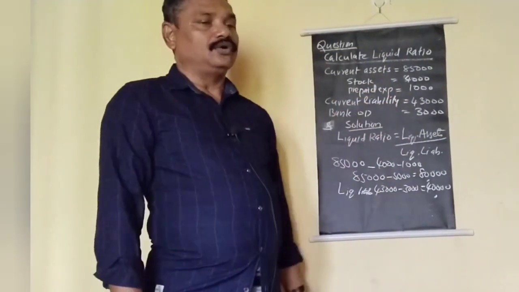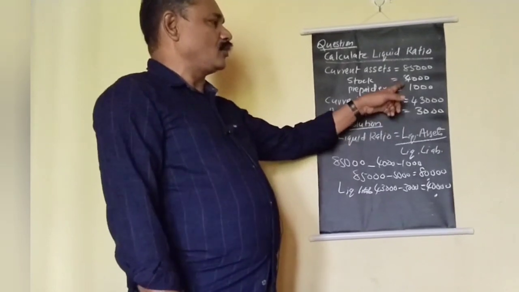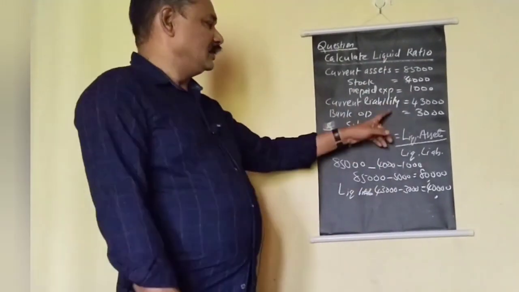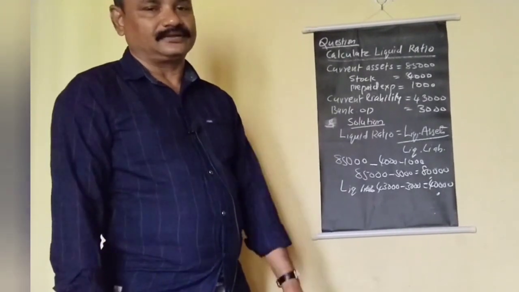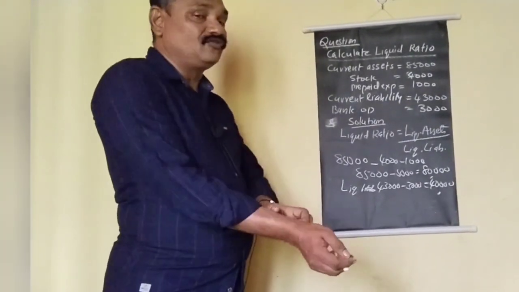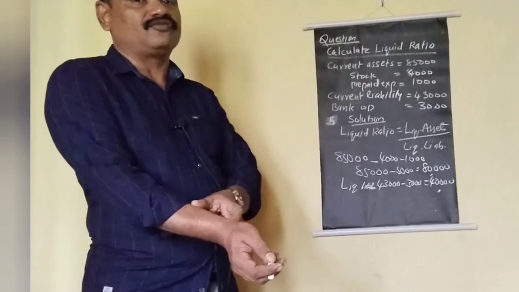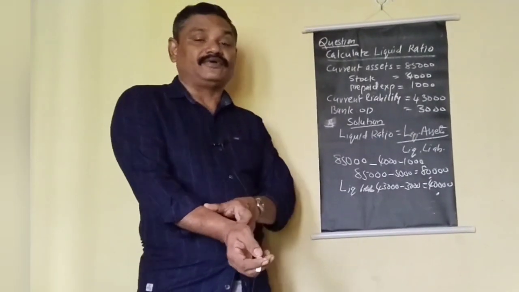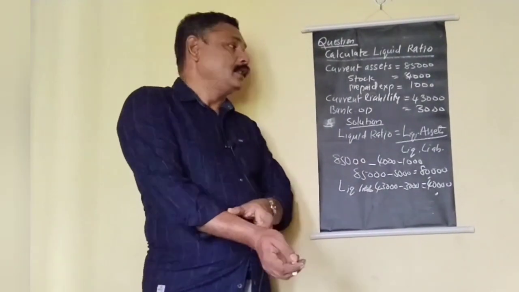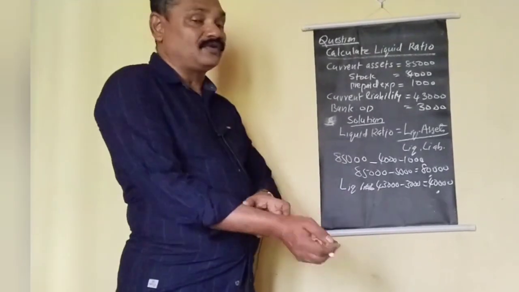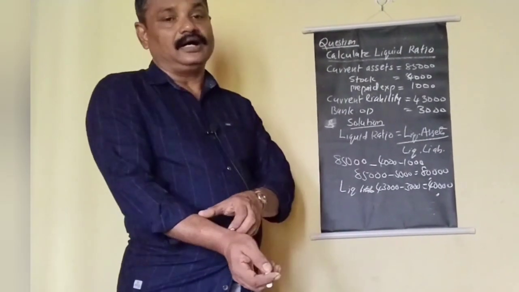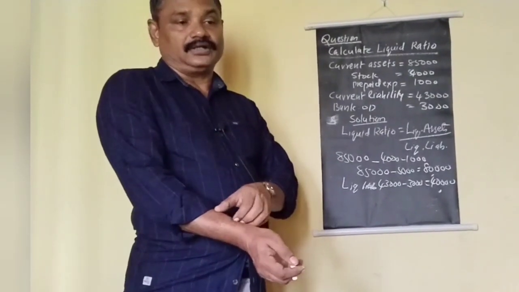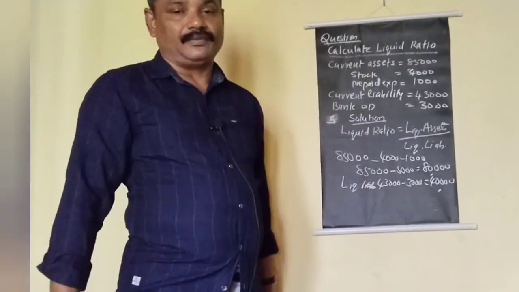Here in the question, stock and prepaid expense are given separately, and bank overdraft is also given separately, so we should subtract. Otherwise, if they are given together along with the current assets, first of all we have to add up stock and prepaid expense along with the current assets, then take the liquid assets total after subtracting stock and prepaid expenses.